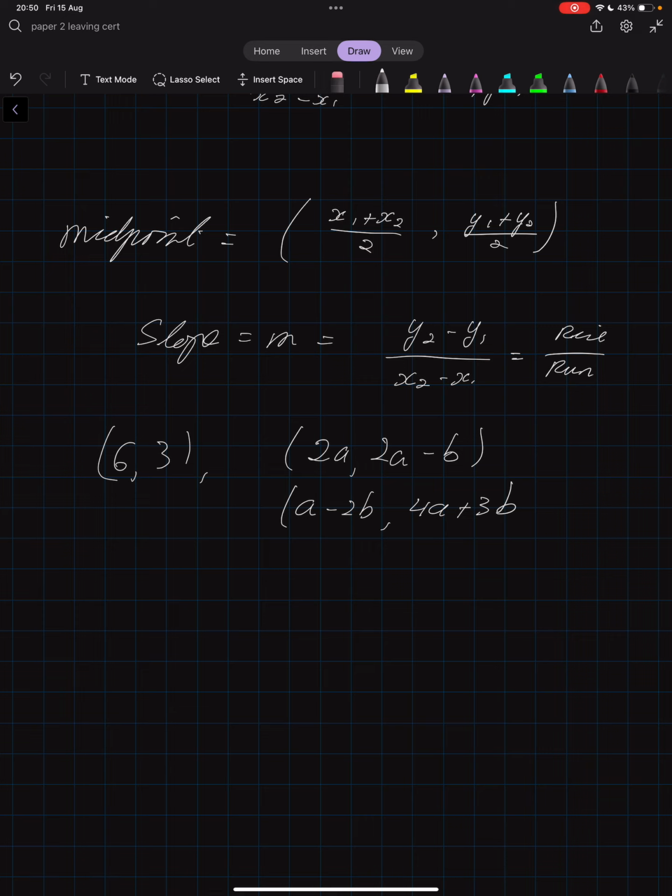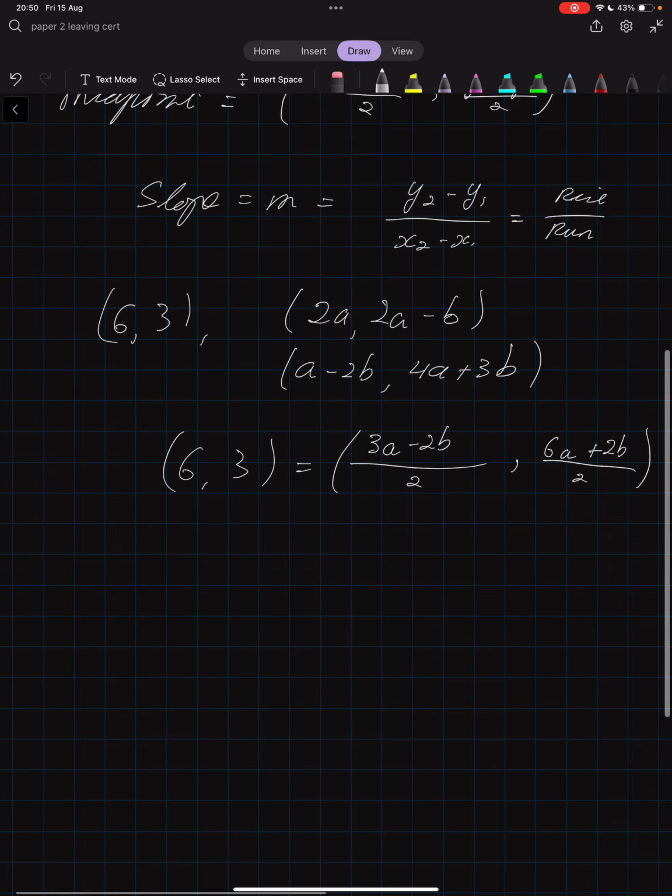So 6, 3 is equal to the midpoint of the 2 points. Remember it's an average of the 2 x values. So 2A plus A is 3A, minus 2B, over 2. Then the y values, if you add them together, you get 6A plus 2B over 2. So 6 equals this. Multiply both sides by 2, I get 12 equals 3A minus 2B.